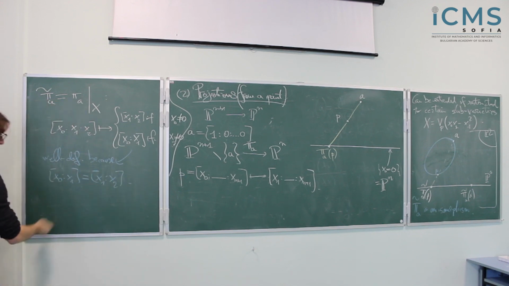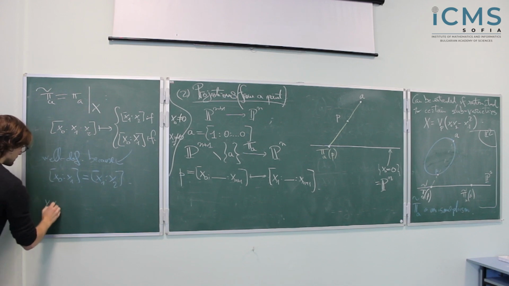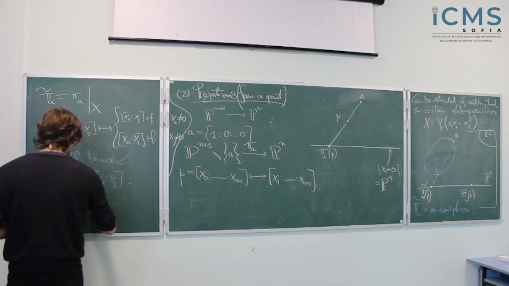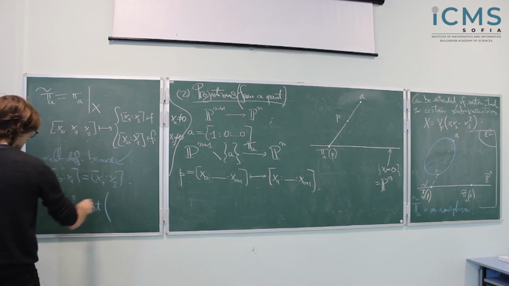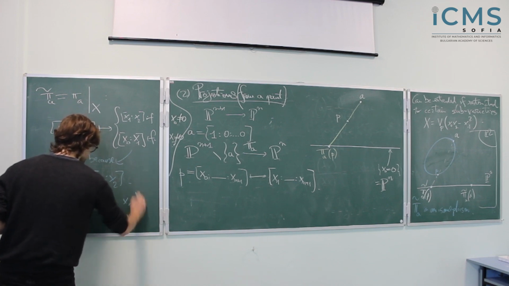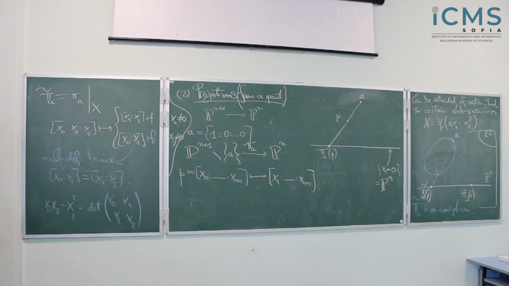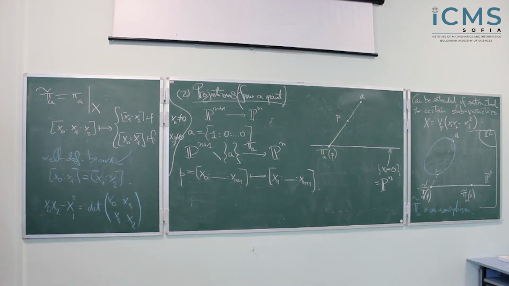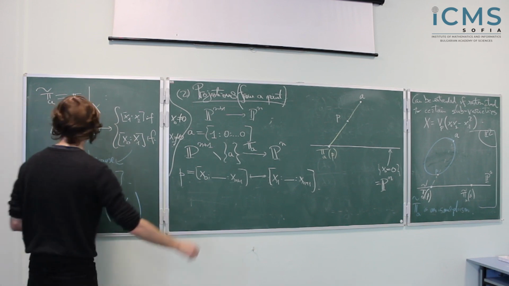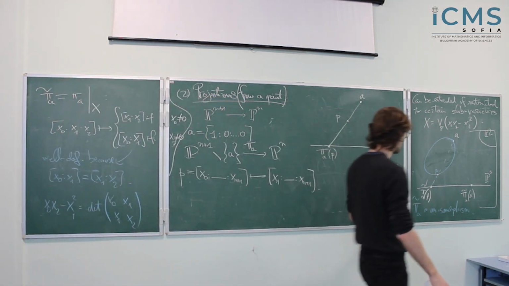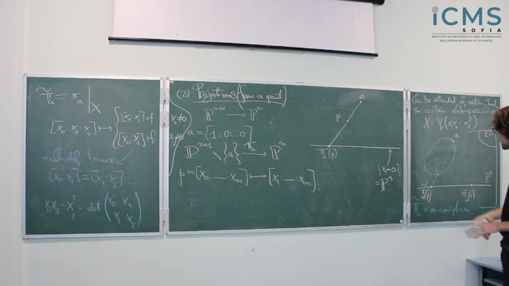And why is that? Well, that's because x0x2 minus x1 squared is the determinant of the matrix with rows x0, x1 and x1, x2. So that means that these two rows are always collinear on the conic. So this shows us that this conic is isomorphic to P1.